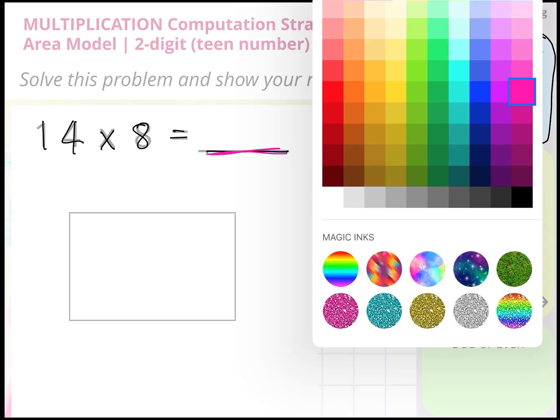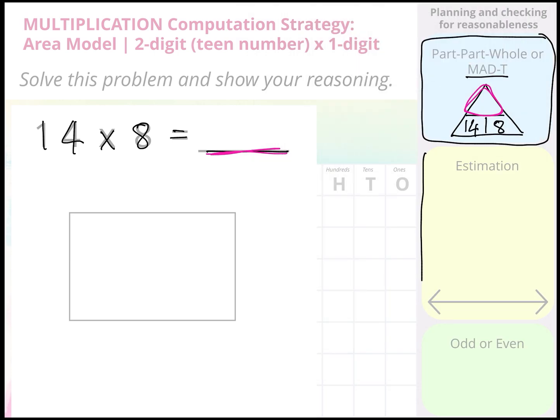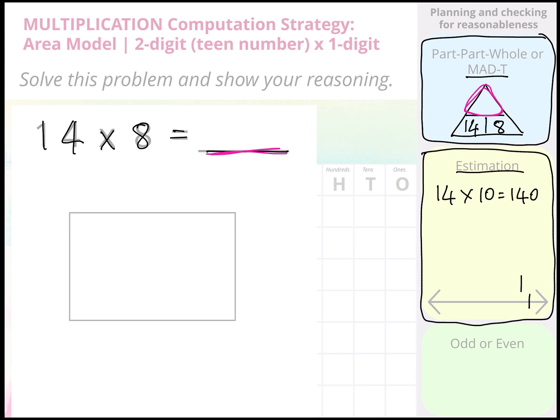Now let's estimate how much larger it's going to be than those two numbers. Okay, so if I've got 14 times 8, I could round those numbers. I could change them a bit. I could say 14 times 10 is 140. So it'll be less than that, right? It could be 140, but if it's larger than that, that's going to be a problem because I've rounded the 8 up.